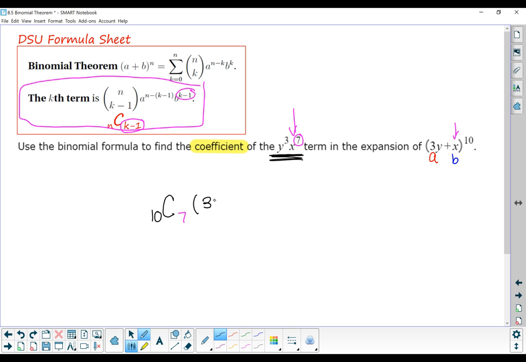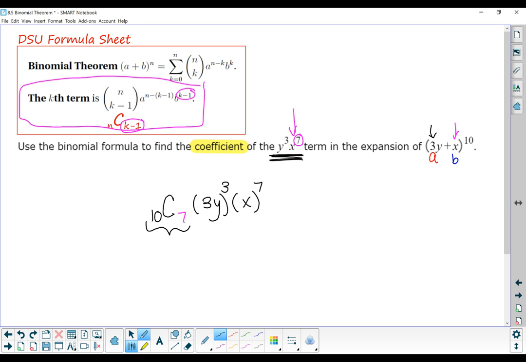Whatever a is going to be raised to the third power, and whatever b is going to be raised to the seventh power. So you do need the 10c7 for sure, but especially if there's a coefficient as part of one of your terms in your binomial, you want to make sure that that gets the power 3 or whatever the power is as well.